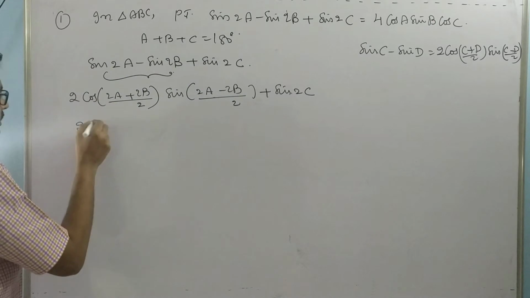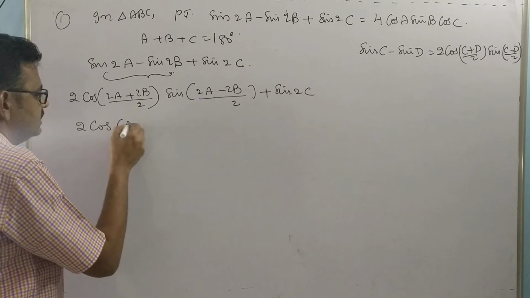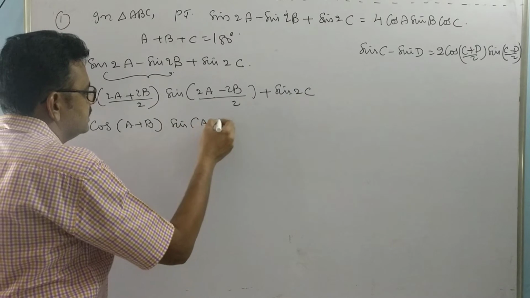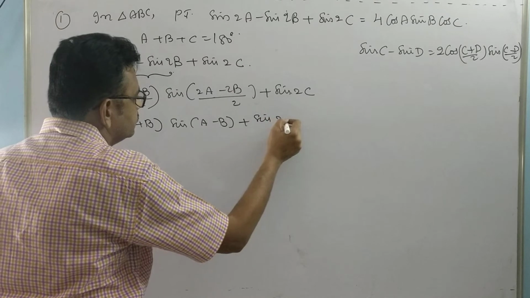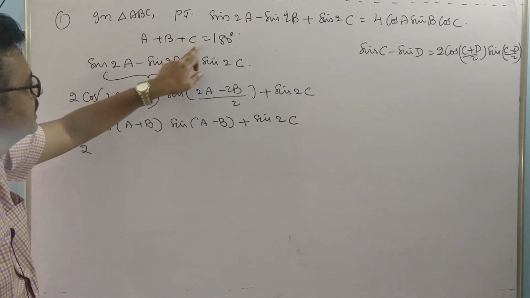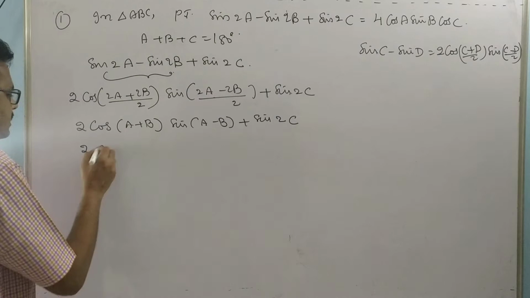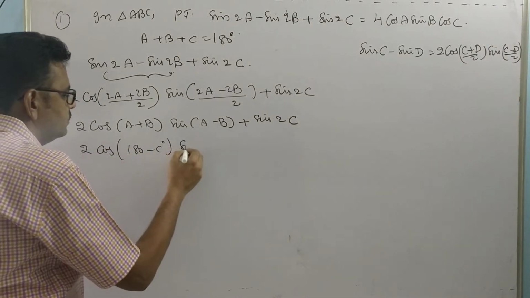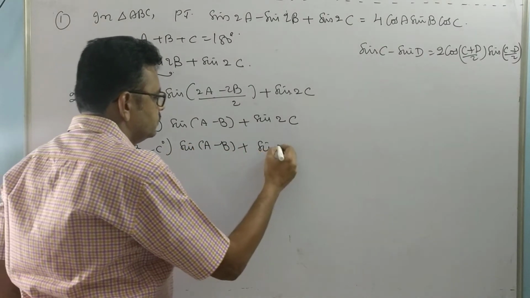So this is 2 into cos of (A plus B) into sin of (A minus B), the 2 is taken common and gets cancelled, plus sin 2C. What is A plus B plus C equal to? 180 degrees. A plus B equals 180 minus C. So this is cos of (180 degrees minus C) into sin of (A minus B) plus sin 2C.